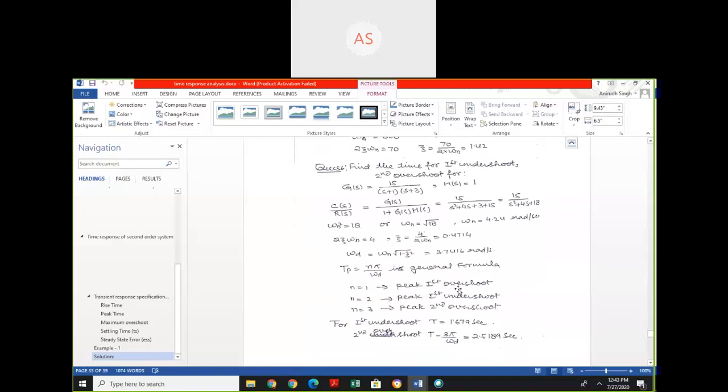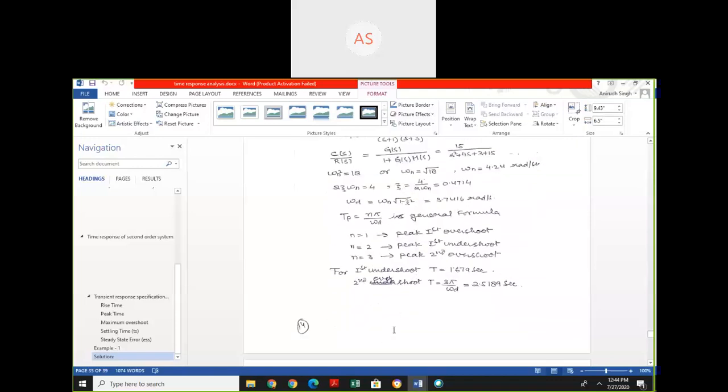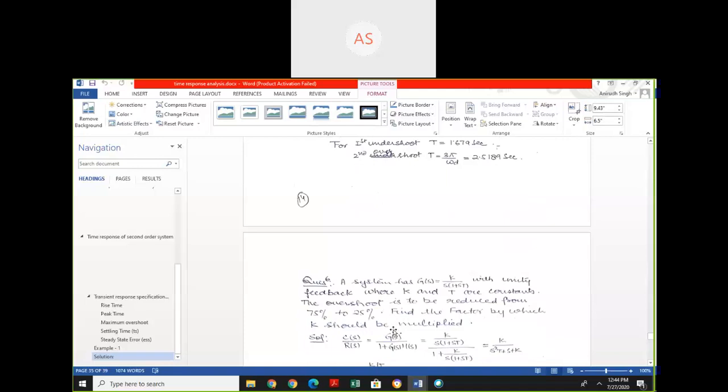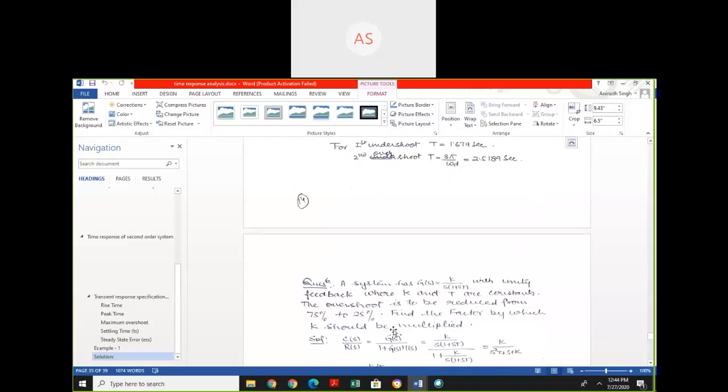For first overshoot n is 1, for first undershoot n is 2, and for second overshoot n is 3. And you have to calculate first undershoot and second overshoot. Then substitute the value of n, you will get the value of first undershoot and second overshoot.